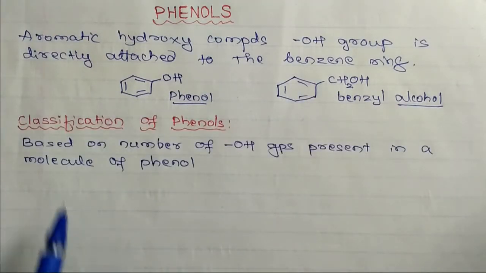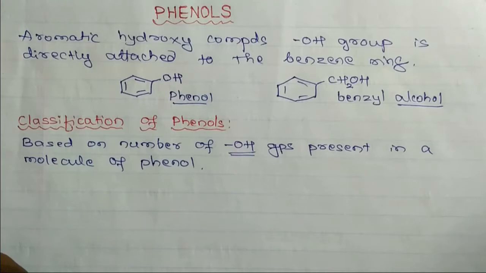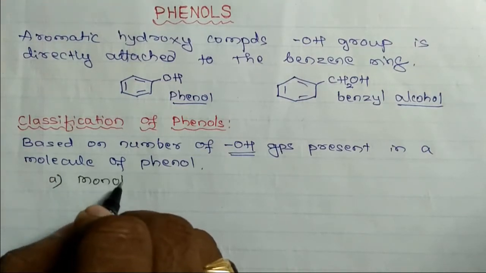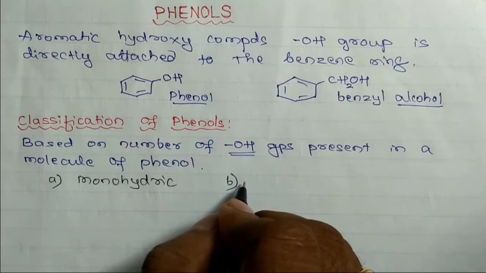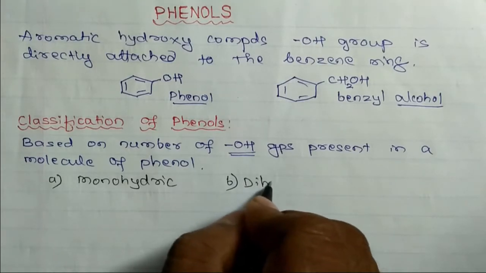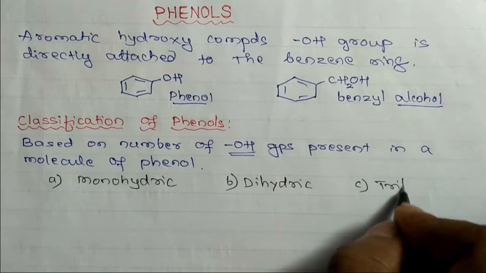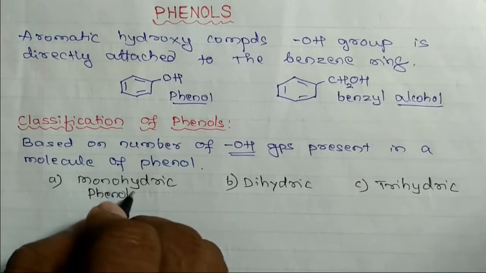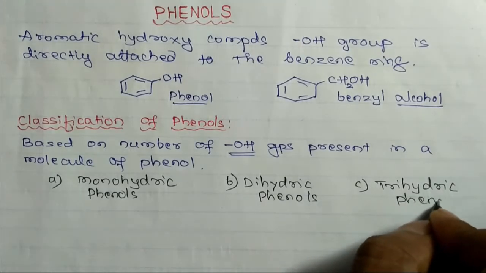Now we'll discuss classification of phenols. Based on the number of OH groups present in a molecule of phenol, phenols are classified as monohydric phenols, dihydric phenols and trihydric phenols.